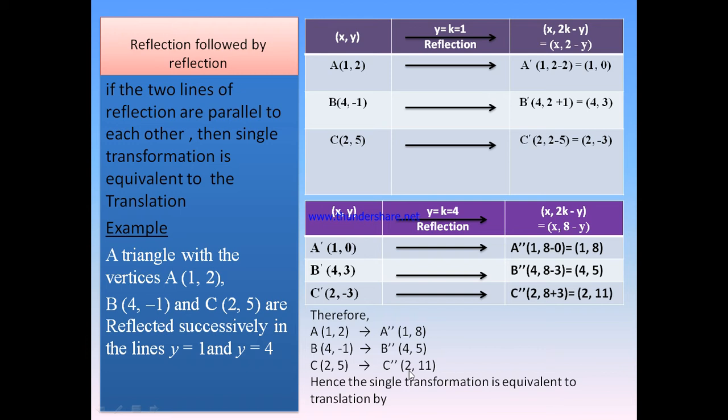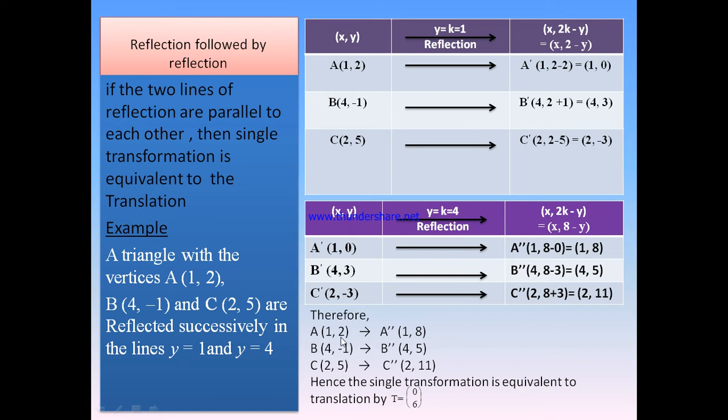You can see these coordinates very closely, and if you are really concentrating, of course you will see a kind of pattern. What is the pattern here? When you observe the coordinates of ABC and A double dash, B double dash, C double dash, there is no change in the x coordinate, but there is a change in the y coordinate. What kind of change? Are they changing randomly or is some common thing going on?